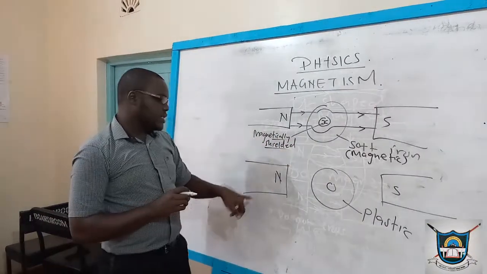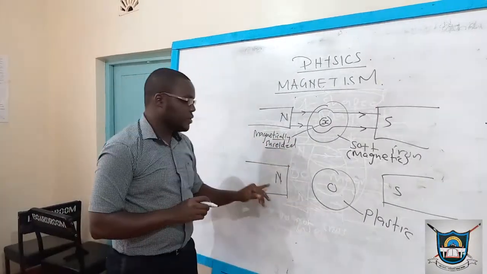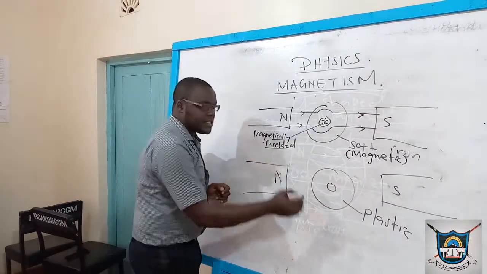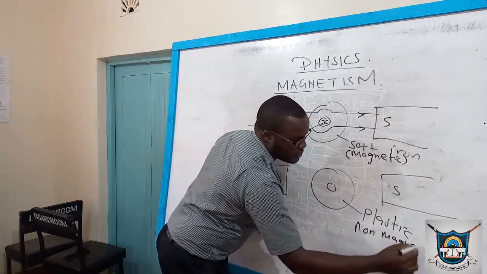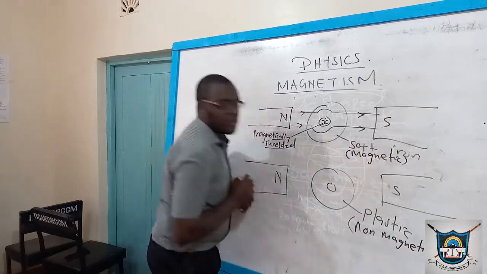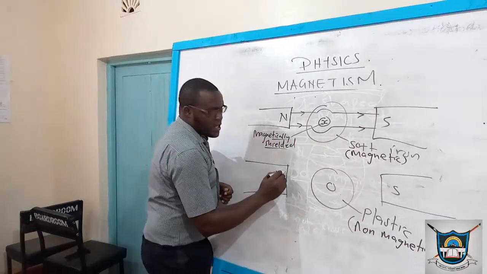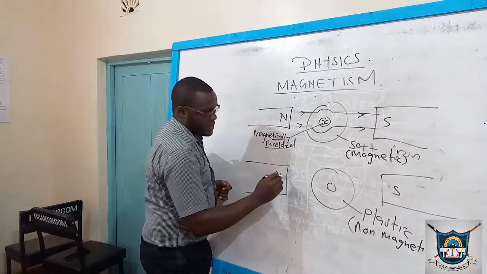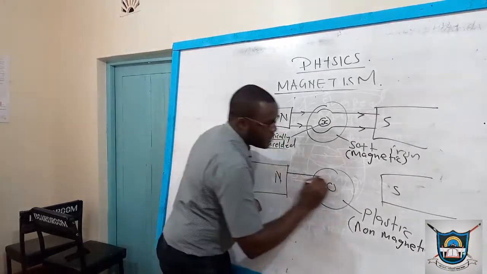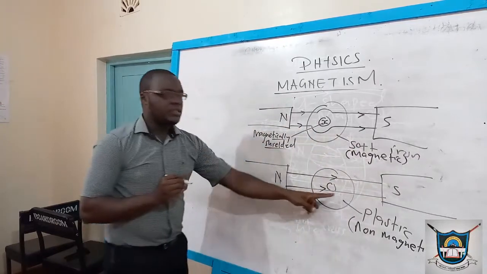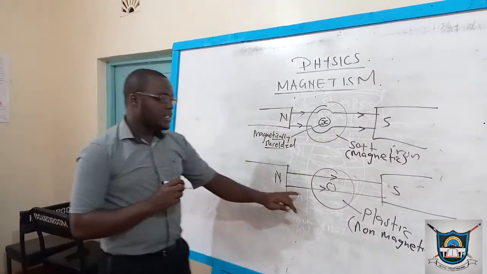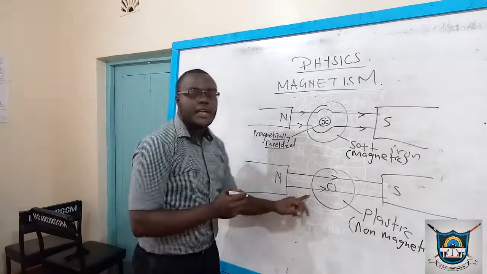What about the case of a plastic between north and south? Since this is a non-magnetic material, the magnetic fields run as if nothing is between these two poles. The same applies when we have air.